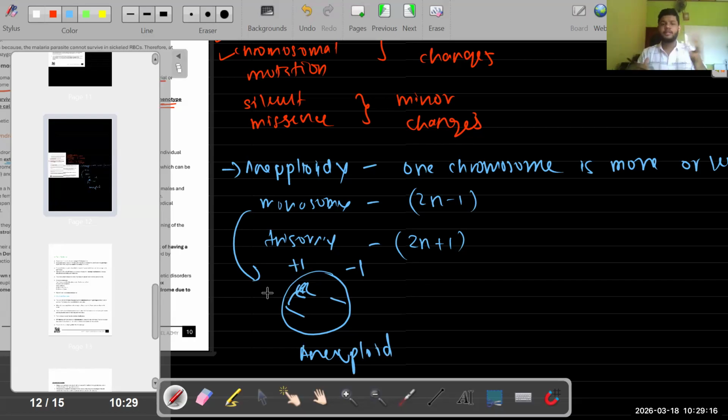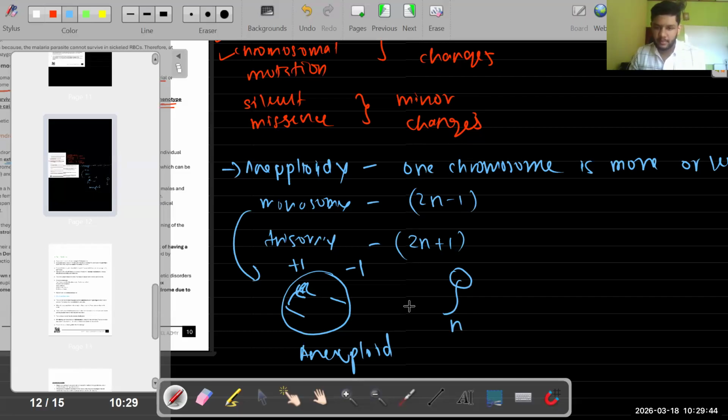And under aneuploidy, they introduce us to two words called monosomy and trisomy. And what are they? Monosomy means a condition where a gamete, now think this is a gamete, has one less chromosome. Normally, the gametes are haploid, right? So if you consider gametes haploid, what is the relationship for a normal gamete?